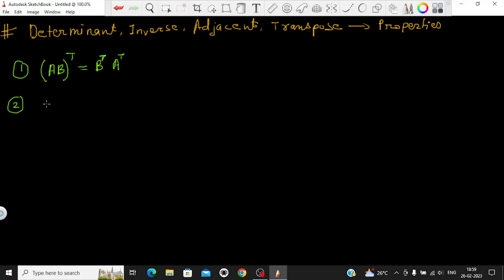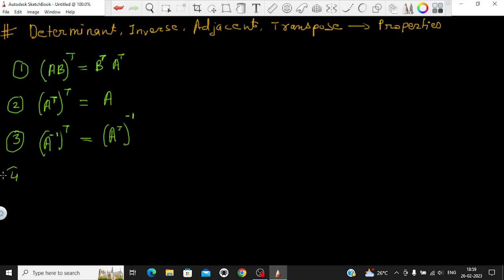The second property is, if you take A transpose and again apply transpose to it, you will get A. Okay, the third property is, if you take A inverse and apply transpose to this, then you will get A transpose inverse.